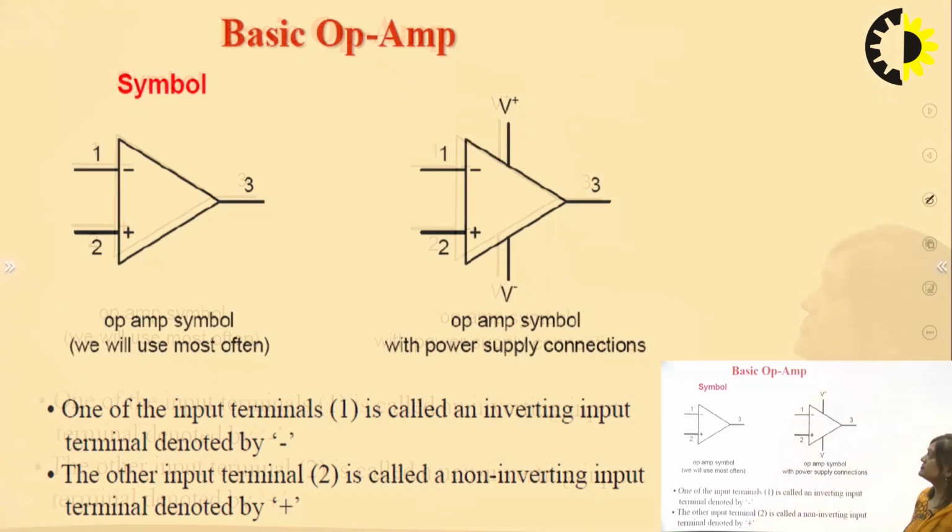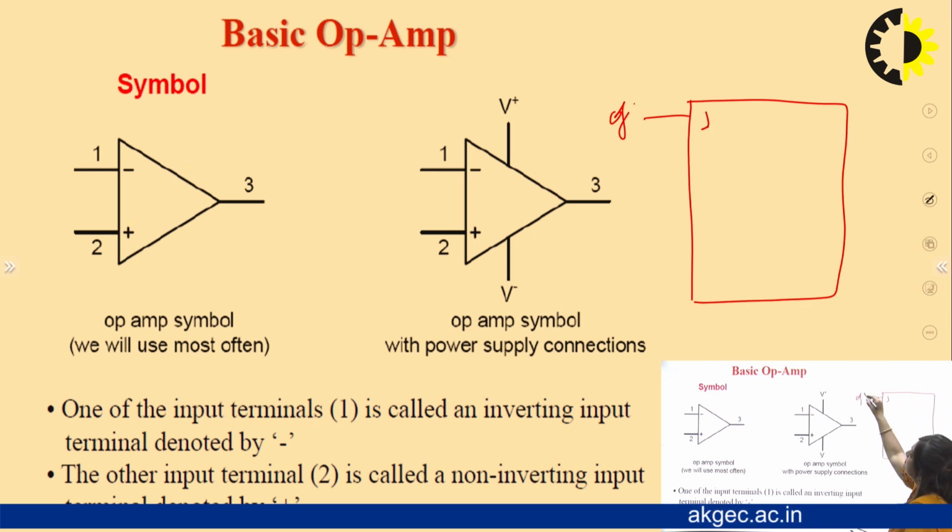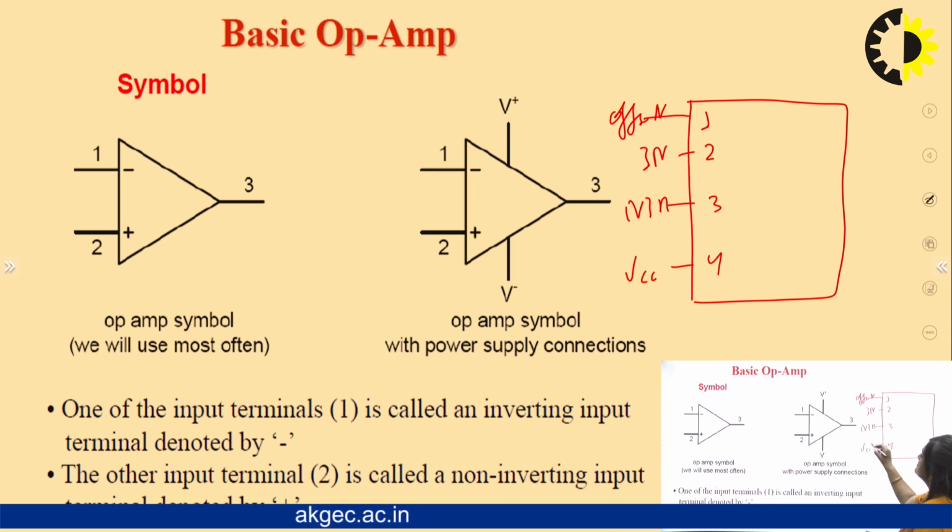This is the symbol for the op-amp. IC741 is generally used for the op-amp, and the pin diagram of the IC is like this: pin number 1 is offset null, pin number 2 is inverting input, pin number 3 is non-inverting input, and pin number 4 is VCC minus.